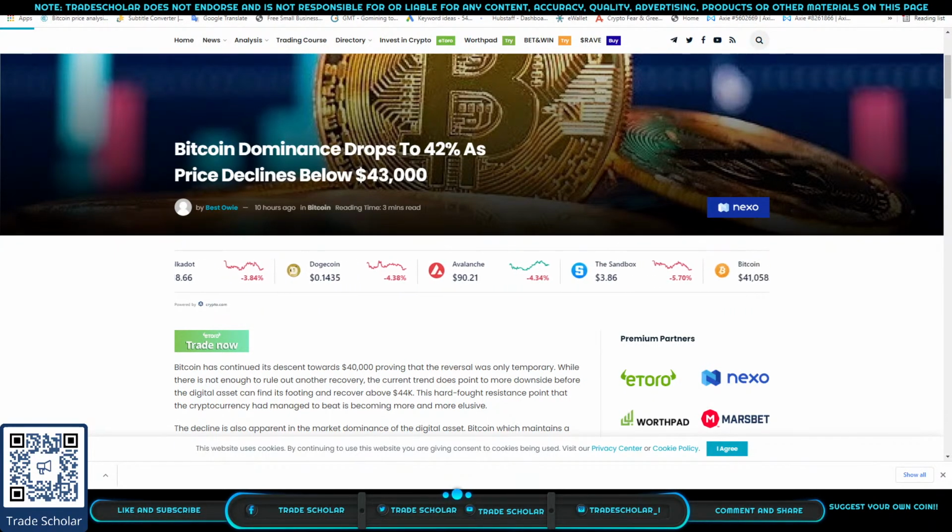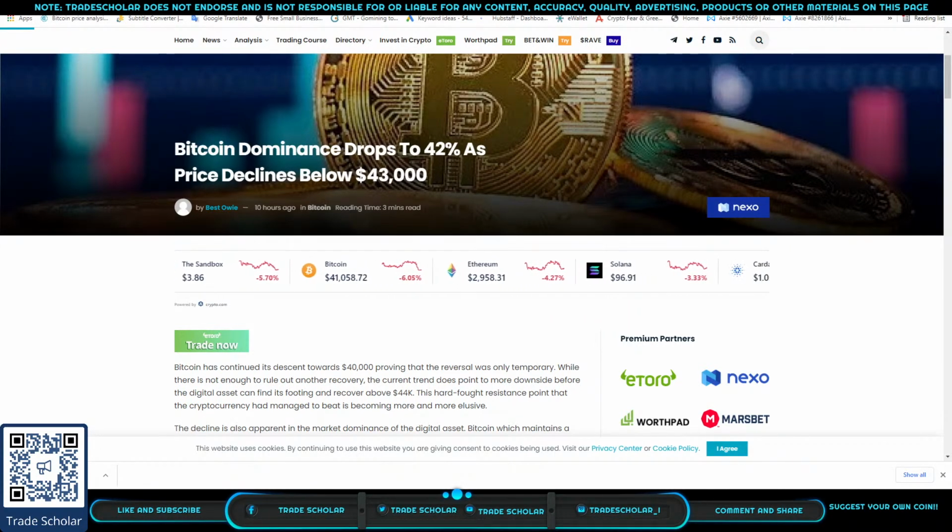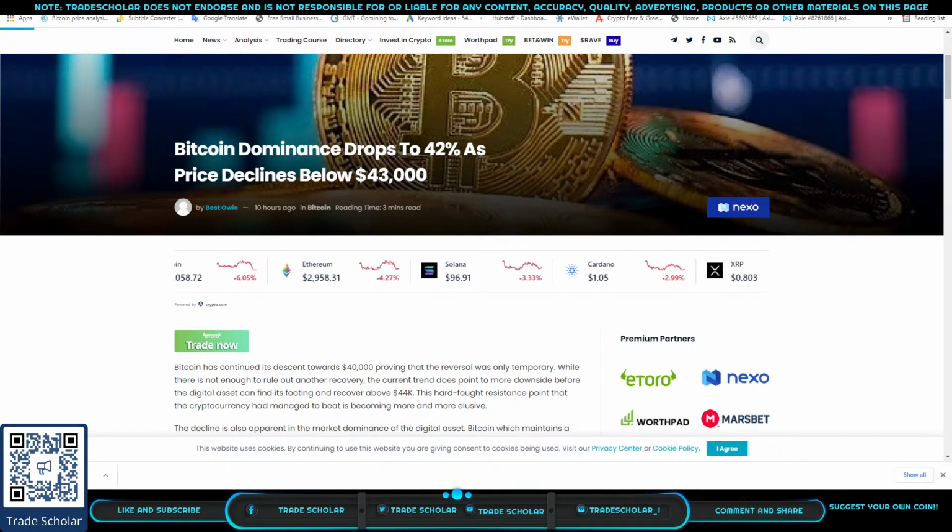What does this mean? It means that the market cap of Bitcoin has dropped. Dominance means whenever Bitcoin moves, its effect on other altcoins, when it is not Bitcoin, it's an altcoin. Alt means alternative coin to Bitcoin.